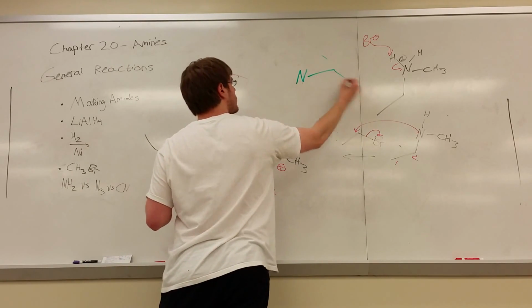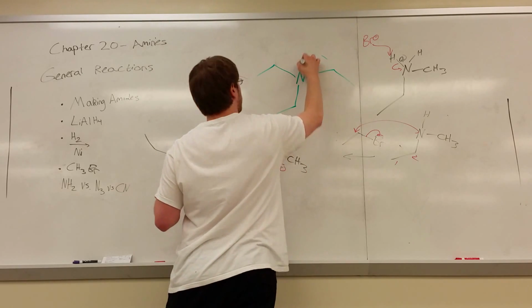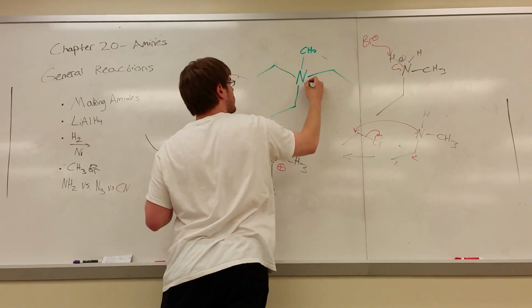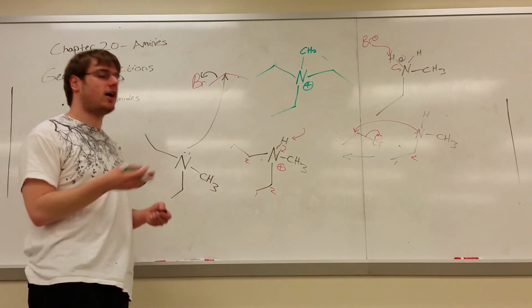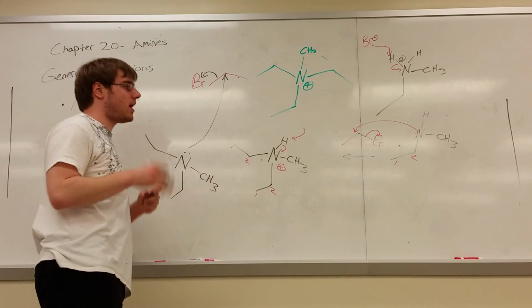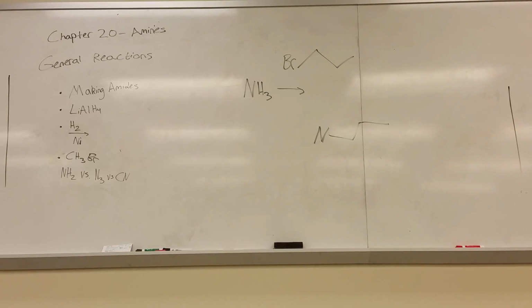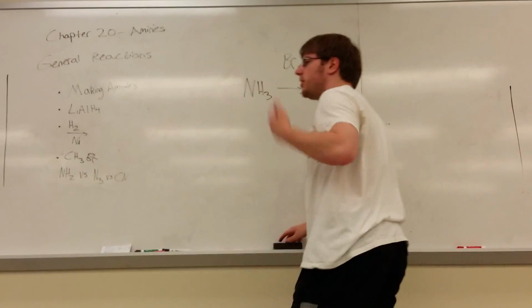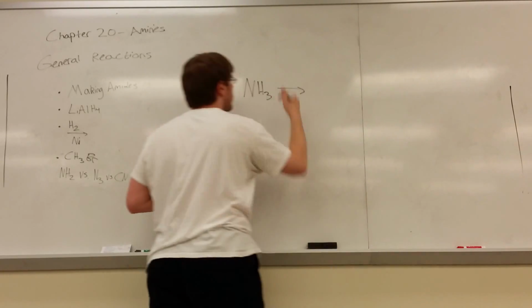N, 1, 2, 1, 2, 1, 2, and the CH3 that it had originally, nitrogen being positive. Nitrogen will keep adding until it has no electrons left. It'll remove hydrogens if it has to, but it will keep adding until there are no hydrogens left and nothing but carbons. So another example of this polyalkylation concept where you're adding multiple carbons to a nitrogen.